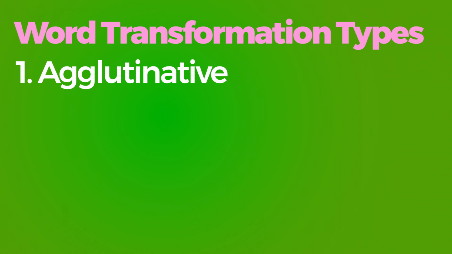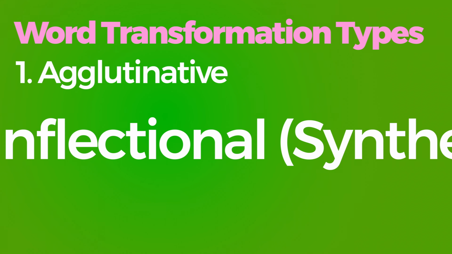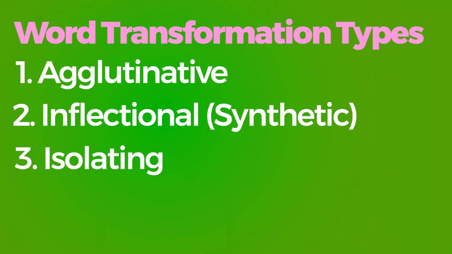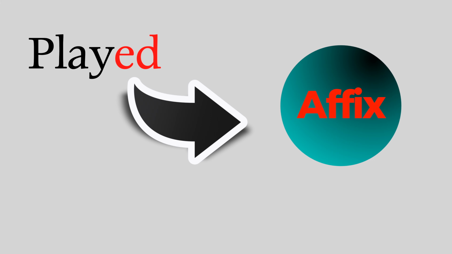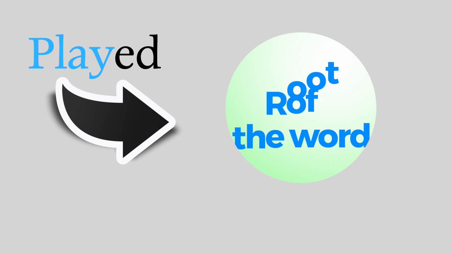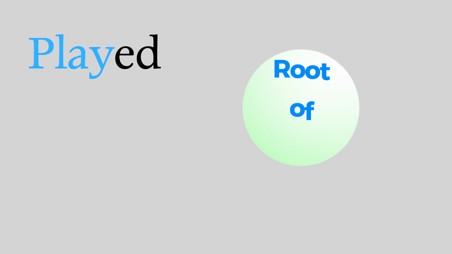Number one, agglutinative. Number two, inflectional. And number three, isolating. Agglutinative is like this: played. Adding an affix to transform the word, which means the root of the word won't change.